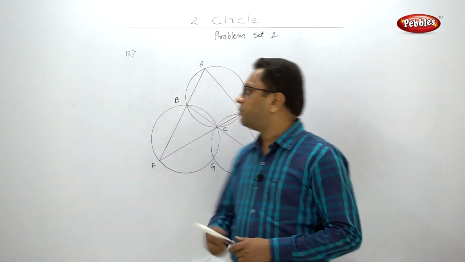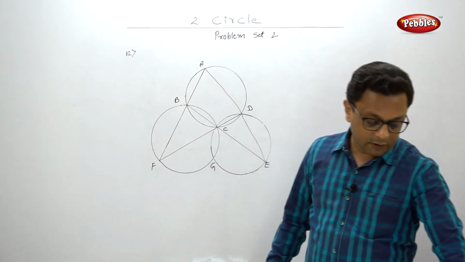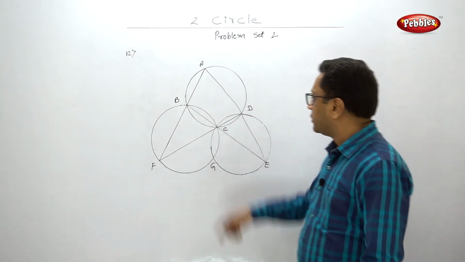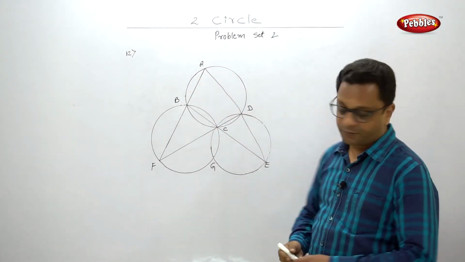Let us solve example number 12. The figure is something like this. They are given that ABCD is a cyclic quadrilateral. This ABCD is a cyclic quadrilateral of this smaller circle.